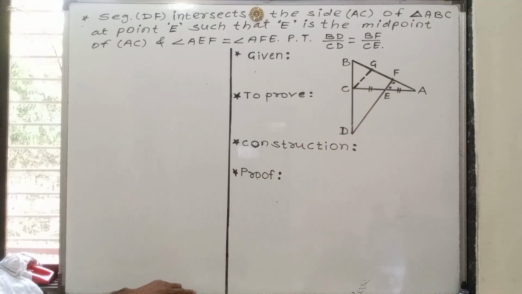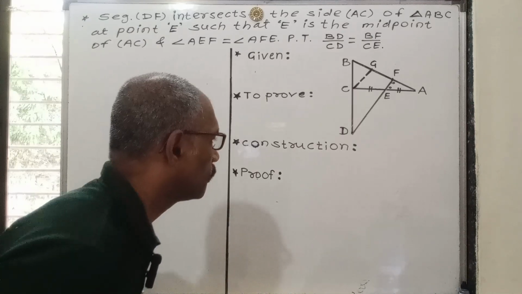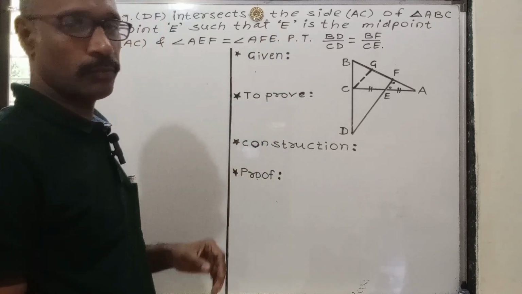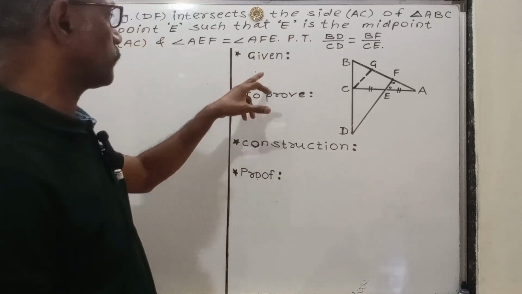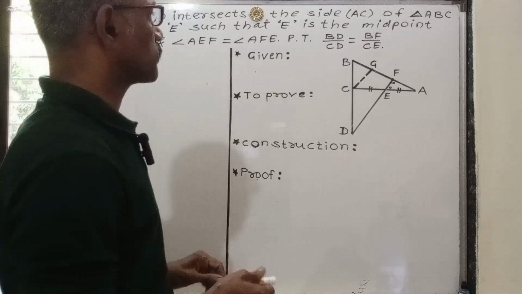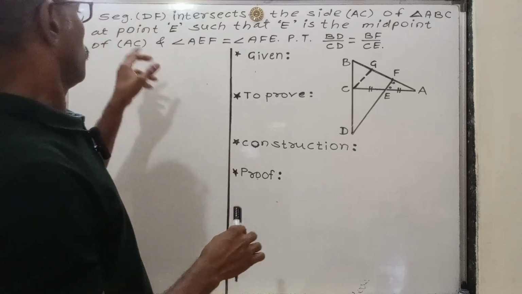Okay, now in this example, here two important statements are here. Which are those two important statements? First one is given. What is given? See this.